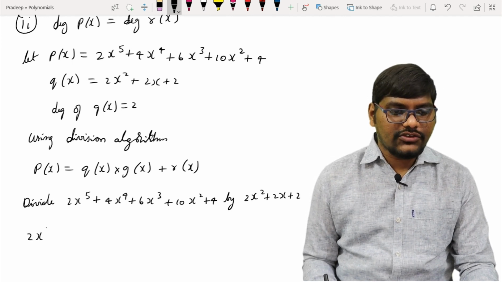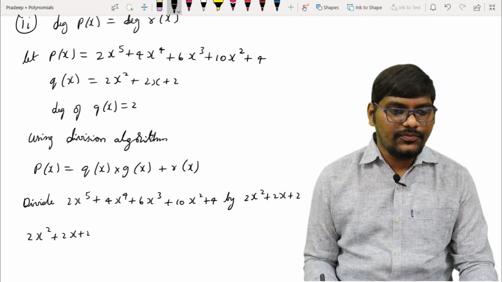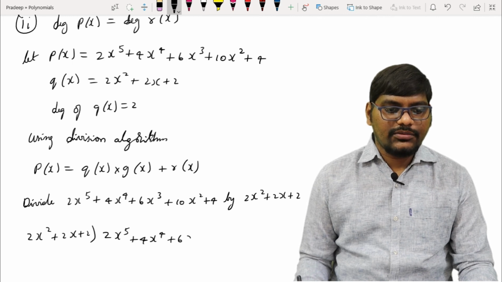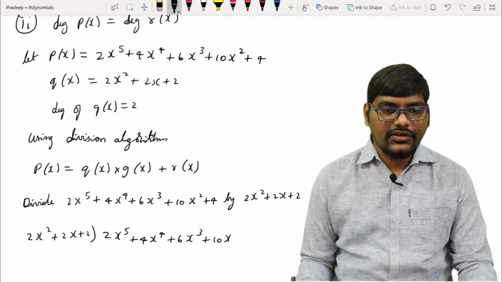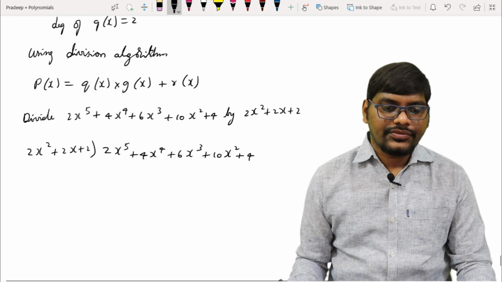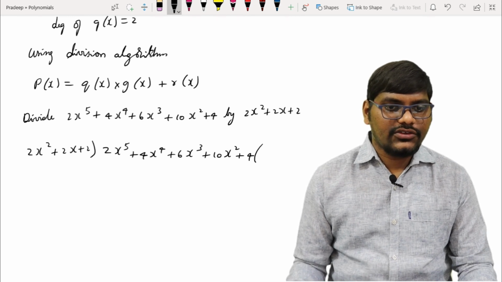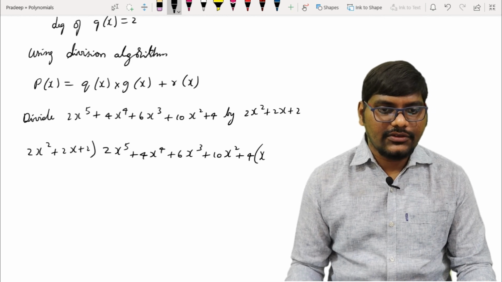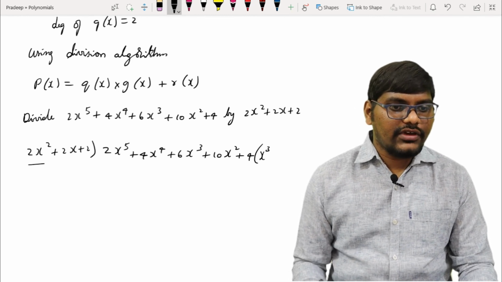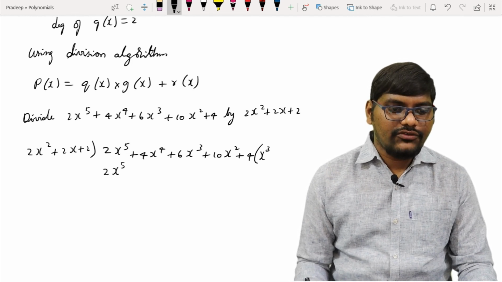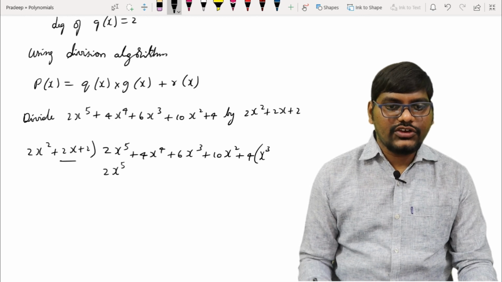I write 2x square plus 2x plus 2, and this is 2x power 5 plus 4x power 4 plus 6x power 3 plus 10x square plus 4. Okay, so we'll just solve this. x power 5 is there, so I can take x cube. x square into x cube is x power 5, that is 2x power 5, and this is 2x into x cube.